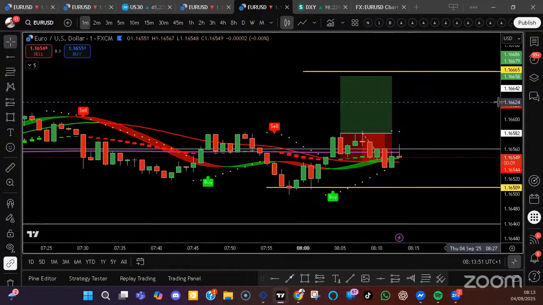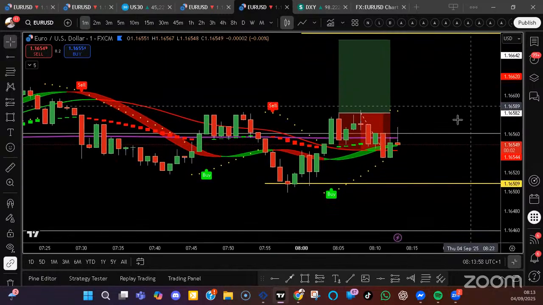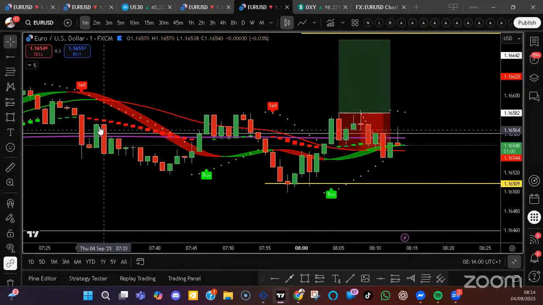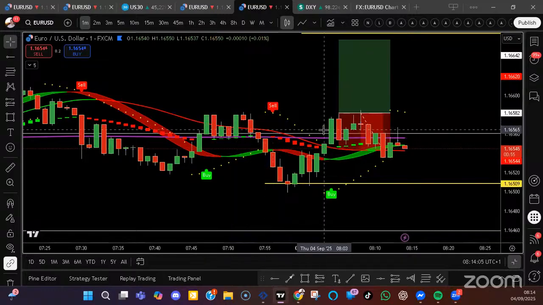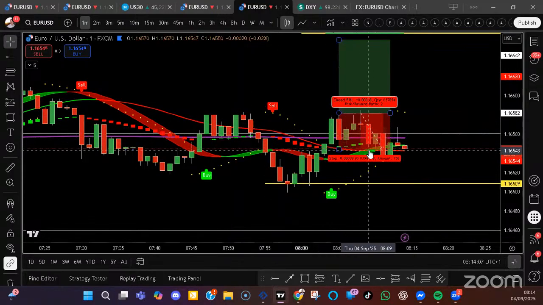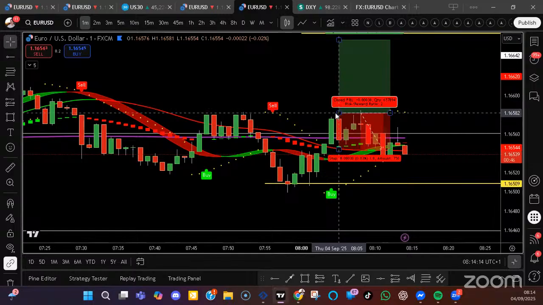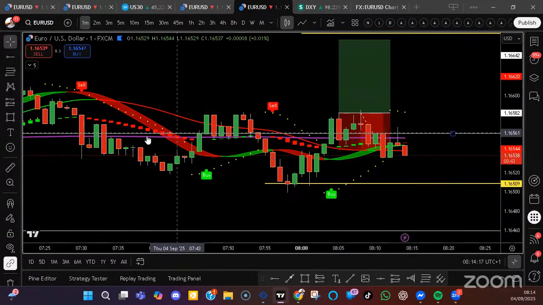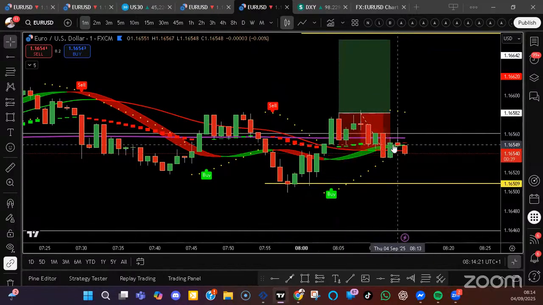No big deal. But the most important thing is to learn why price did what it did, and to recognize the fact that because we got this sideways movement going, just like we were anticipating the trend line to go green, I was also anticipating a bit of a breakout of this area here because of the time of the day and everything, but it didn't happen, as you saw.